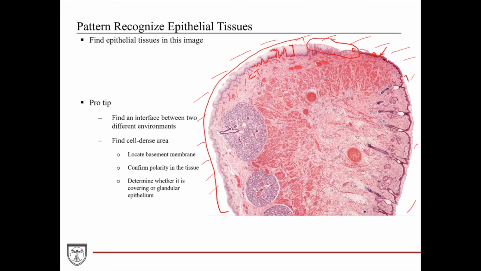And over here as well, we're starting to see some different staining patterns of the epithelium. So this might be another type. So I might actually be seeing 1, 2, and 3 different types of epithelia that are making interesting transitions here and here.